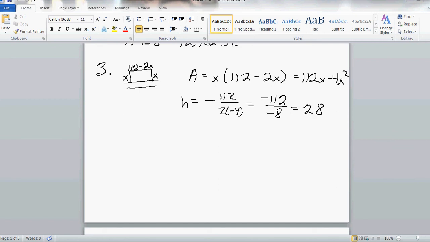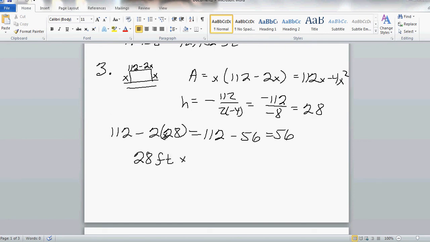The other side here, we just need to do 112 minus 2x. Well, x is 28, so that'll be 112 minus 56, which equals 56. And so the dimensions would be 28 feet by 56 feet, and that will maximize the area. We know it maximizes it because of the negative here.